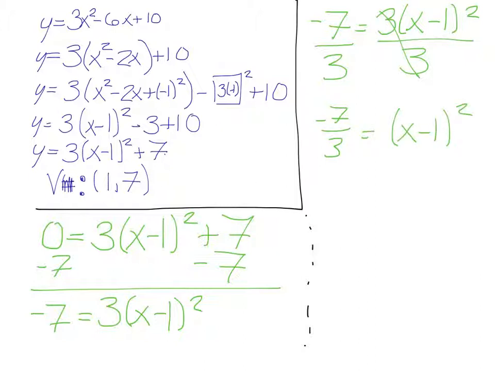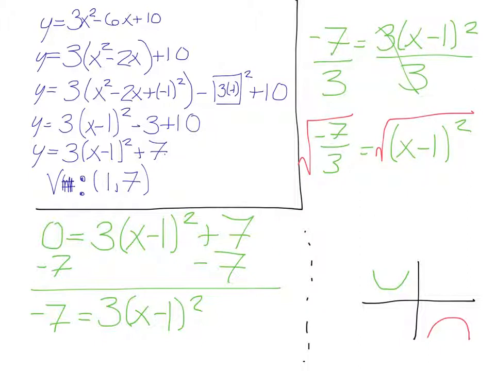Now we're in a situation where we can take the square root of both sides. I have the square root of a negative value, which tells me two things. Firstly, I'm dealing with an imaginary number. Secondly, this equation has a parabola that doesn't cross the x-axis. It's either above or below the x-axis. So let's keep going.